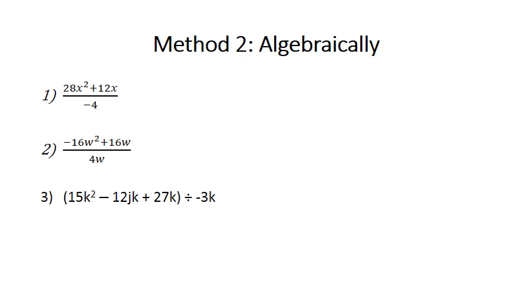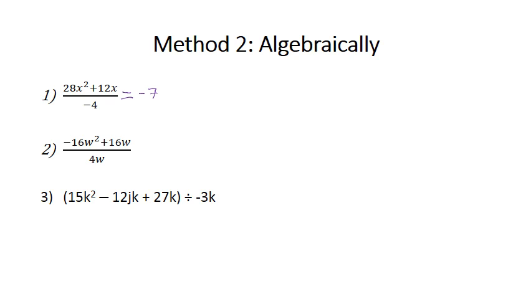All right, so if I have 28x squared plus 12x all divided by negative 4, that's huge. I am going to start by dividing 28x squared by negative 4. Well, 28 divided by negative 4 gives me negative 7.